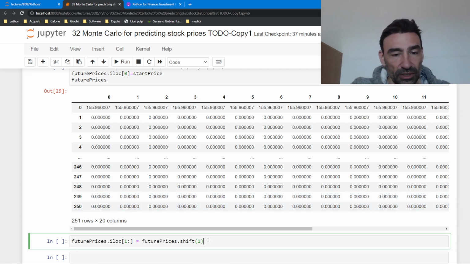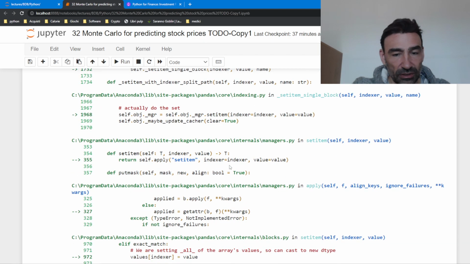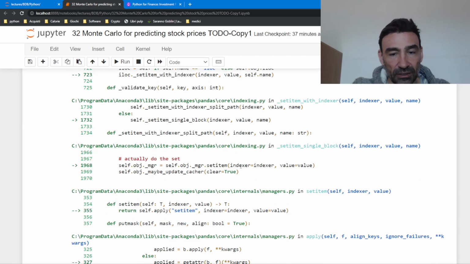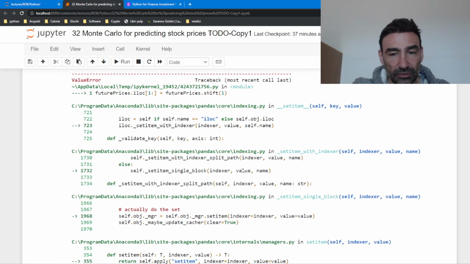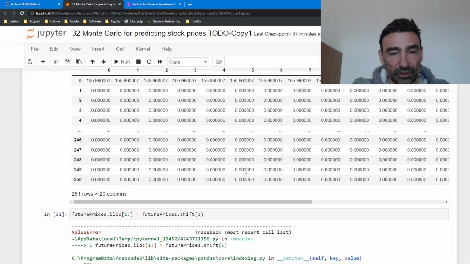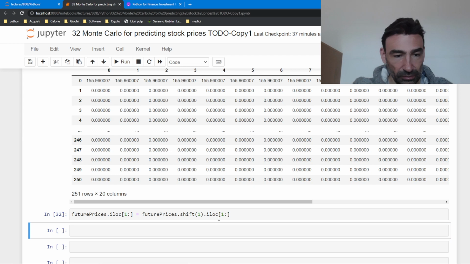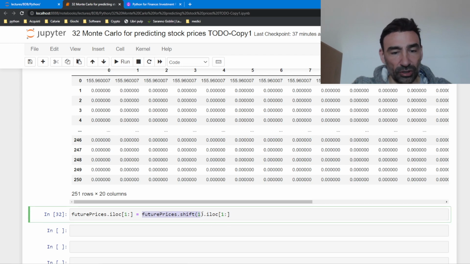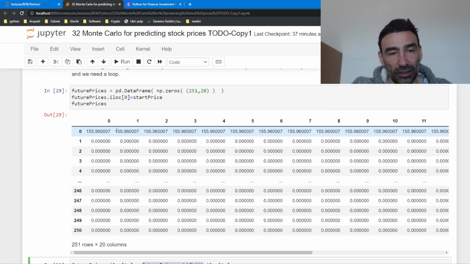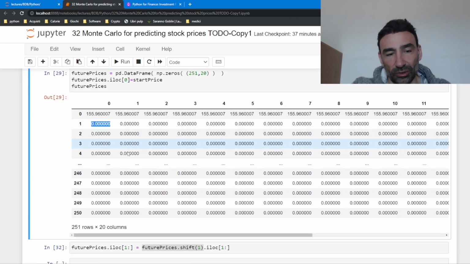Let me see first if this one works. No, there's an error, it's complaining. 251, 250. Okay, so I have to use iloc 1 colon. This one works, so I take the future price shifted by 1, always starting from the second one, so this one will become none, this one will become 155, and it's what I want to start with.